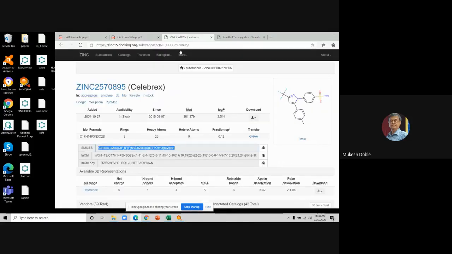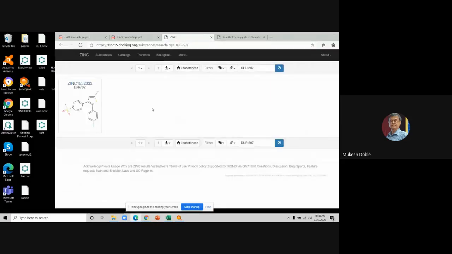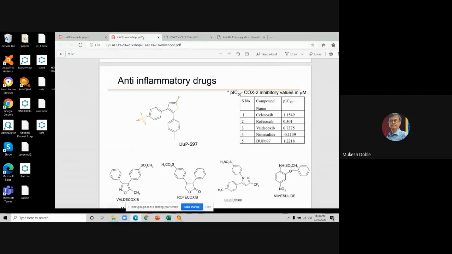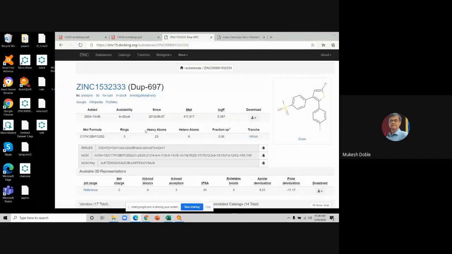If I put DUP697, I'll get the SMILES notation. Okay, this is DUP697. So for DUP697, I got the SMILES notation.